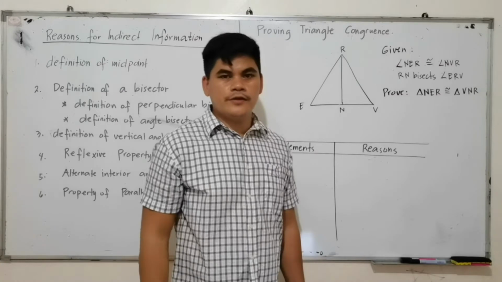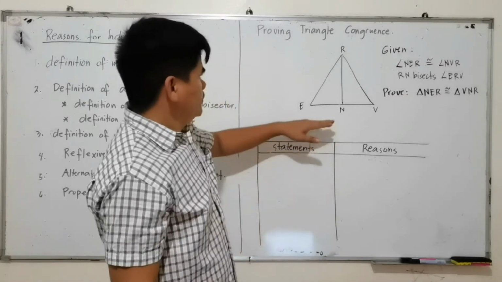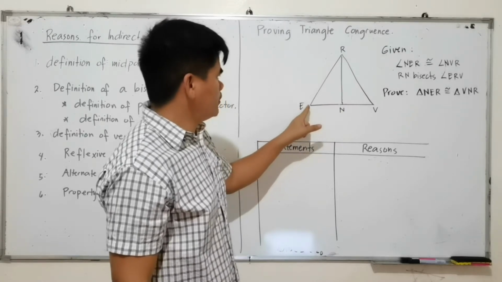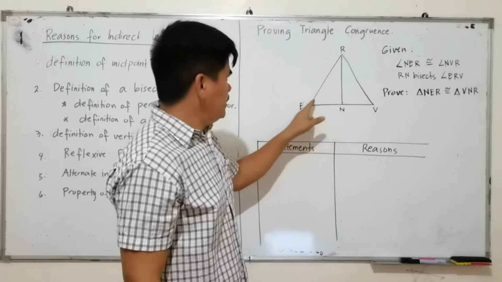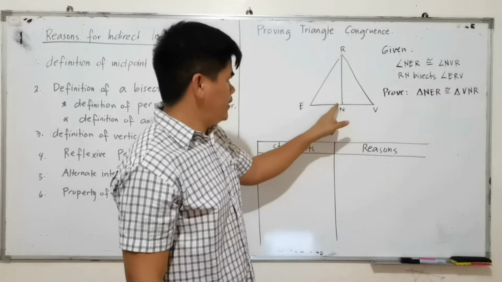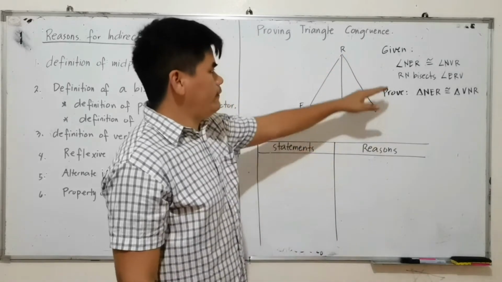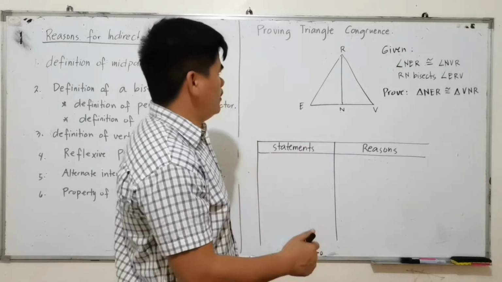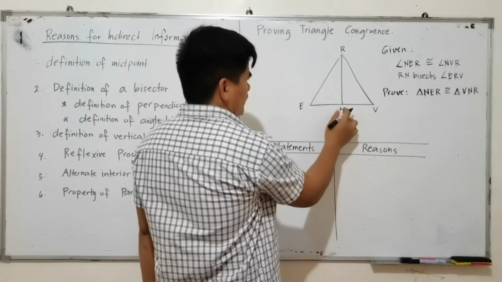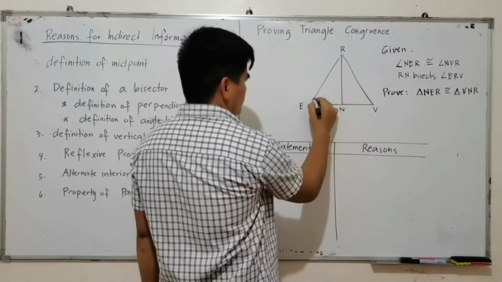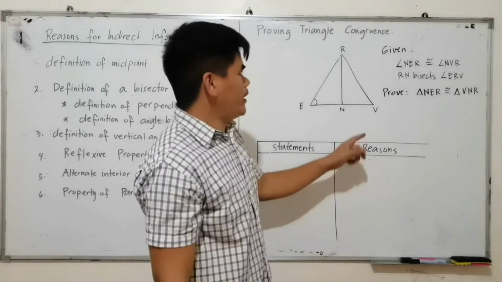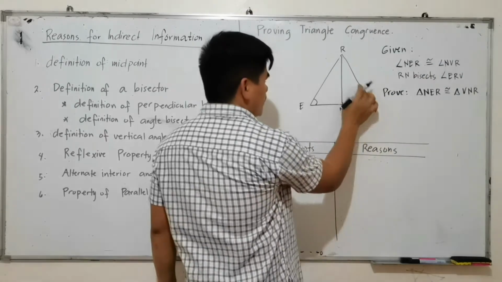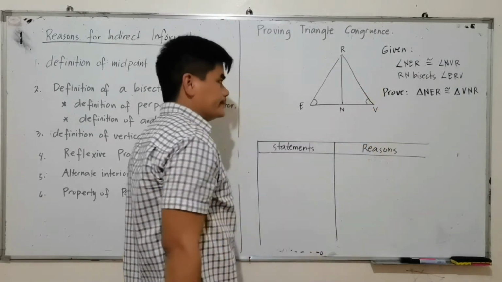Okay, let us consider this next example. We have two triangles here, triangle NER and triangle VNR. The given information we have is angle NER and angle NVR are congruent.